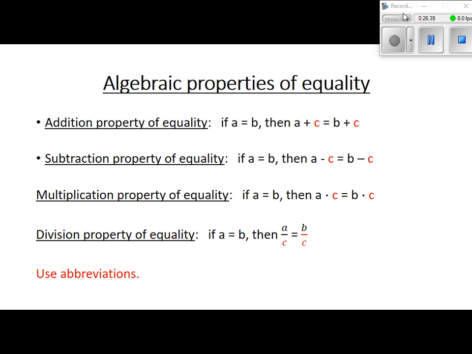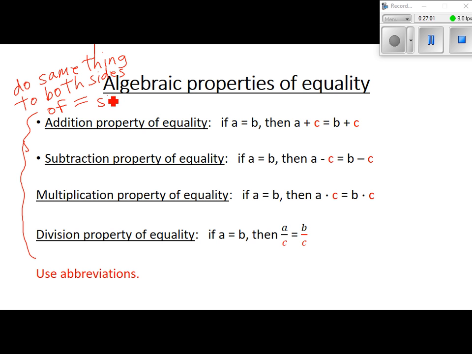So the addition property of equality, all four of these properties, is when you do the same thing to both sides of the equal sign.